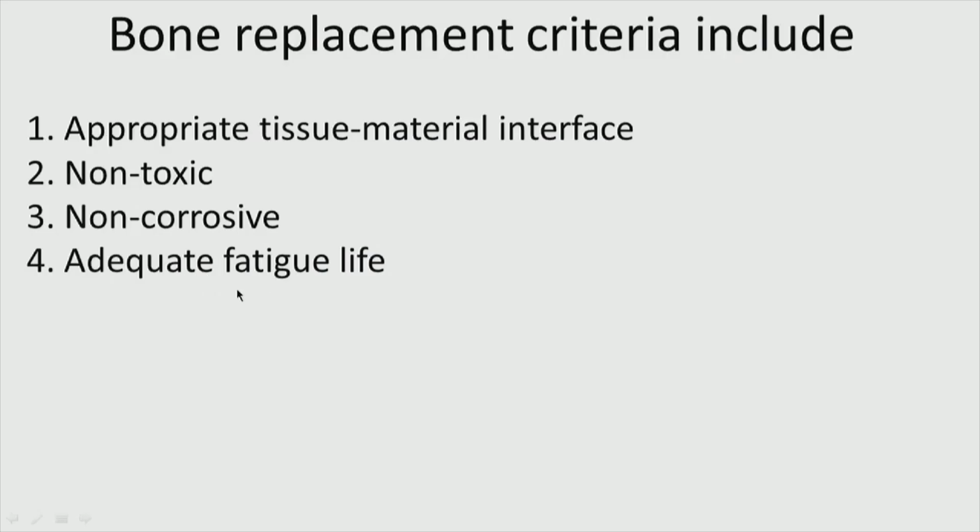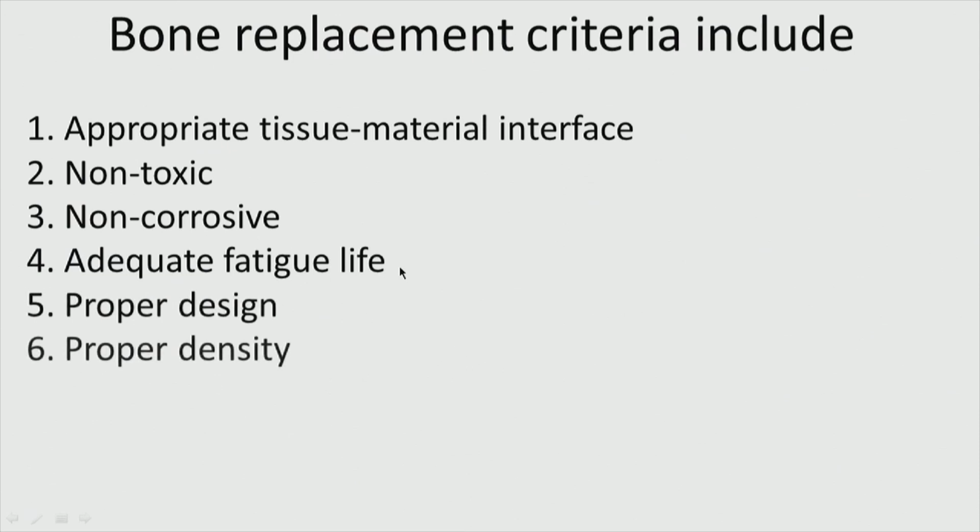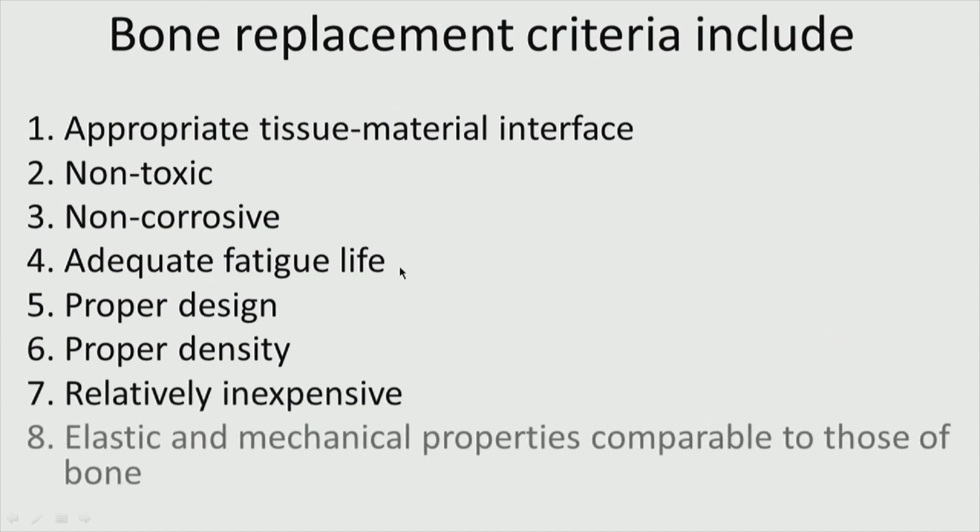Adequate fatigue life, okay. Because when we are talking about a joint, it is flexing all the time. So, it should be able to have good fatigue life, that is very important. Proper design, of course, density is very important, it should be relatively inexpensive, and then the elastic and mechanical properties comparable to that of the bone, that is very important. Okay.